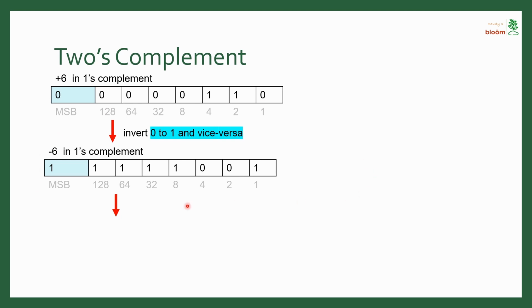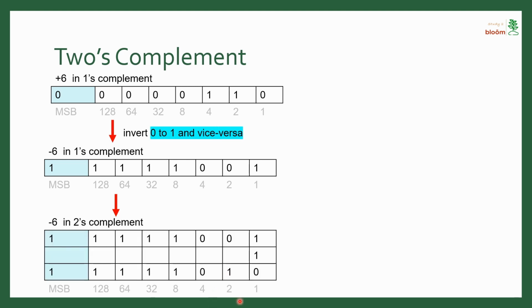So here we get minus 6 in 1's complement. Then what we do is we add 1. We add 1 to make it minus 6 in 2's complement. So we add 1. Then let's see what happens. 1 becomes 0, the 1 is carried forward. Here 0 1 1 1 1. So this is the representation in 2's complement.